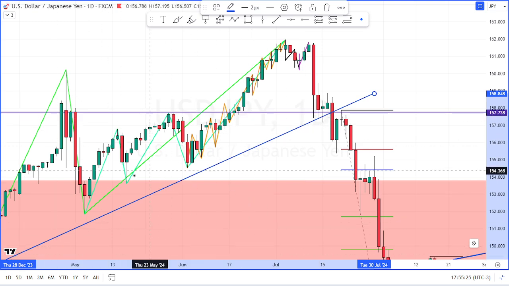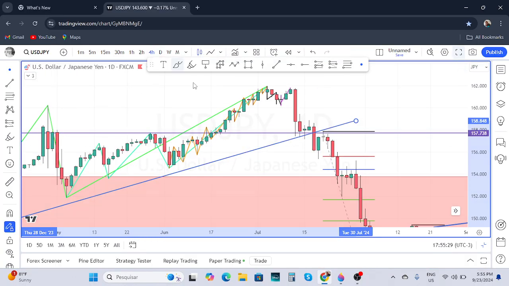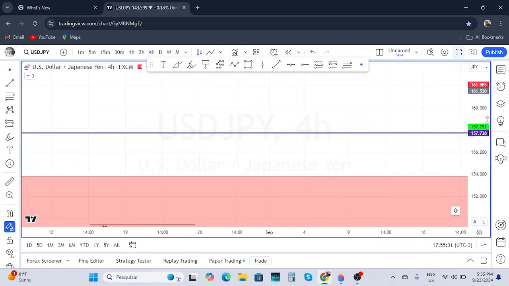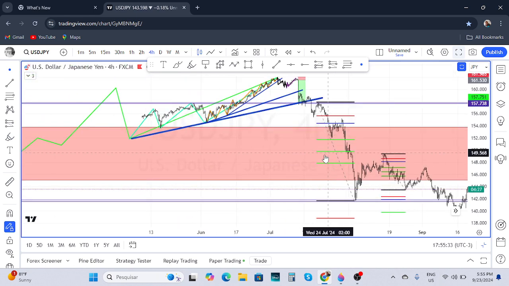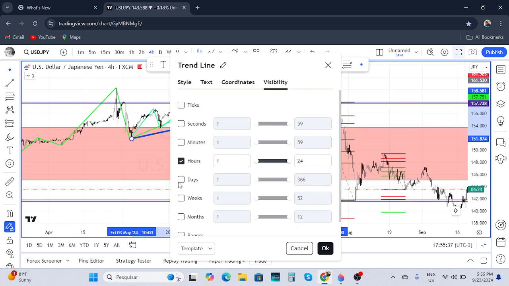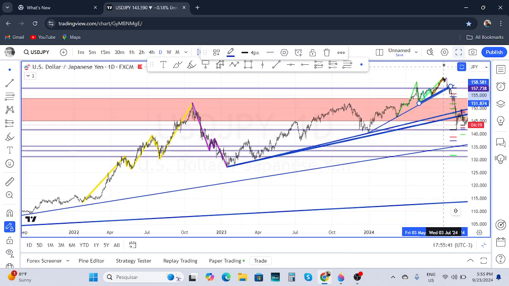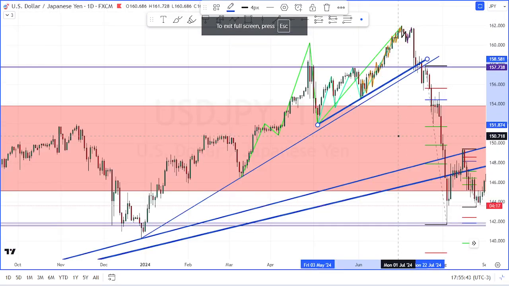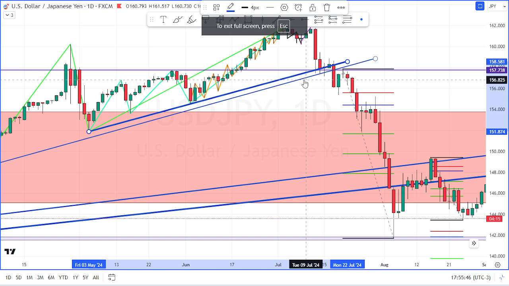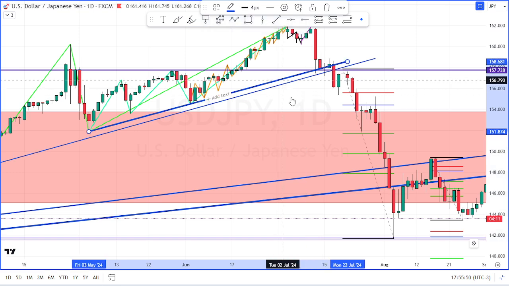For example, let me go back to the 4 hours, and right here, okay, this is it right here. So I put that of the daily there, and let's go back to the daily, and you're going to see what I was talking about. Can you see? This is the short trend line on the daily right here, and this is the long trend line of the 4 hour. You can see both of them.